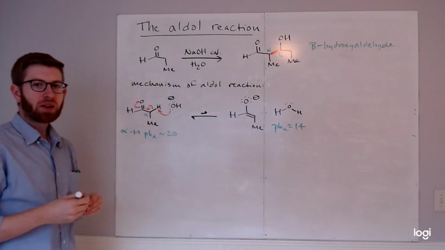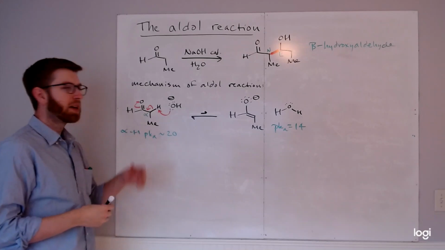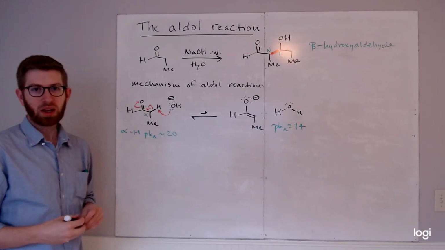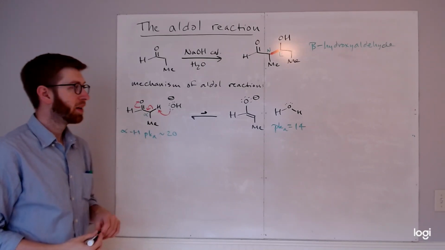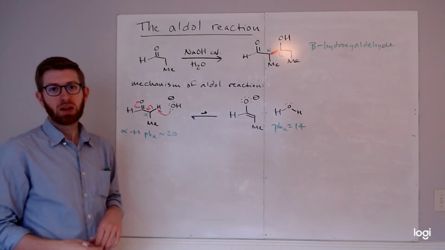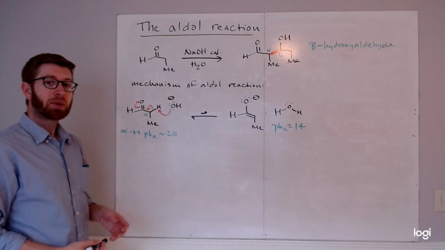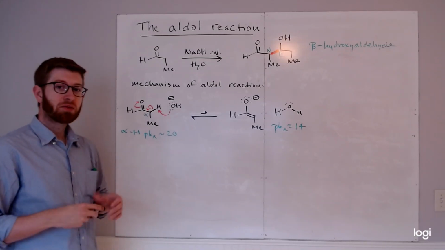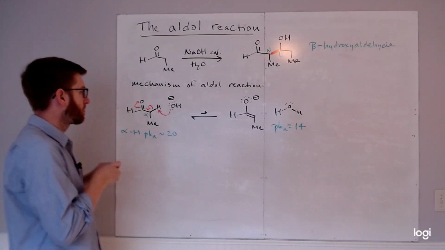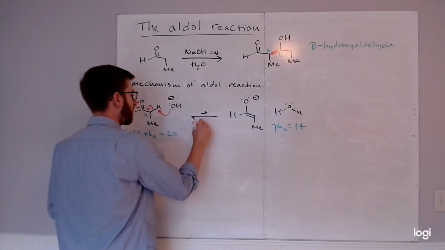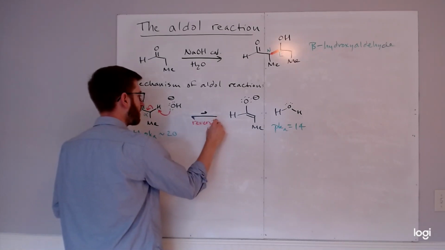And we could even calculate a KEQ here if we knew the pKa of an aldehyde. If we assume it's 20, then the KEQ value is 10 to the negative 6. 14 minus 20 would be my exponent. So that tells me that this is not particularly favorable. This is definitely a reversible deprotonation. So here's one of our reversible enolate formations.